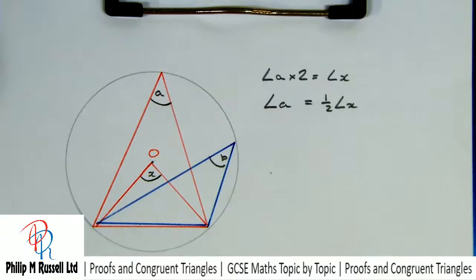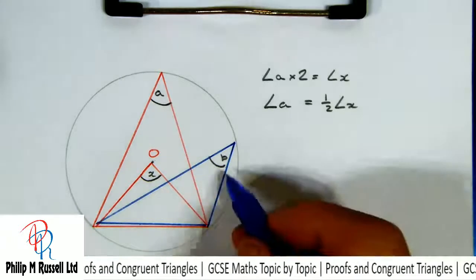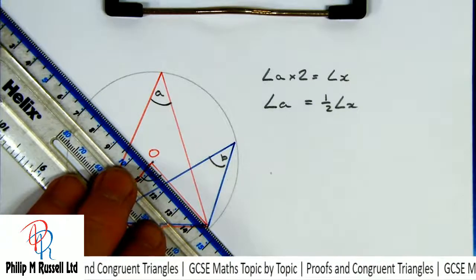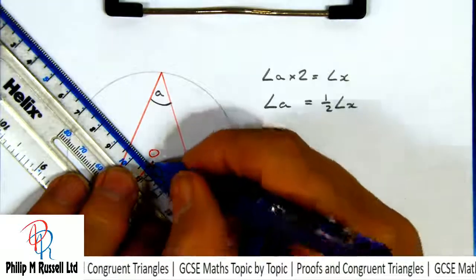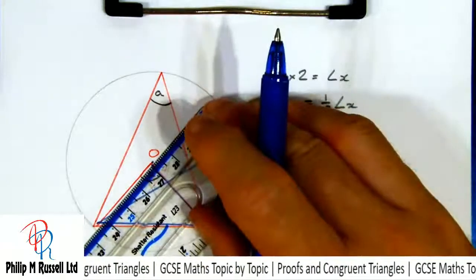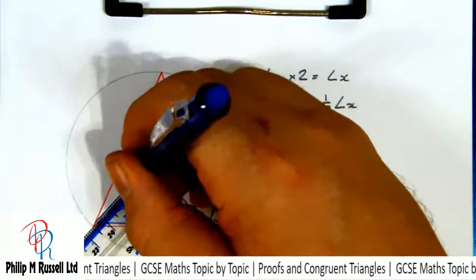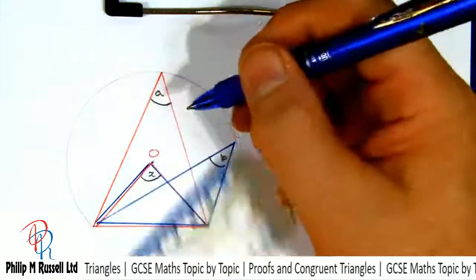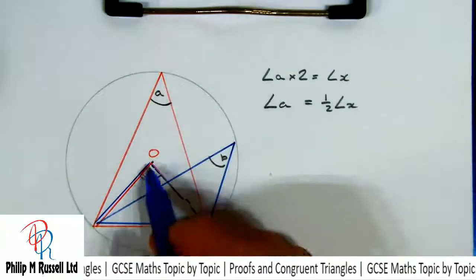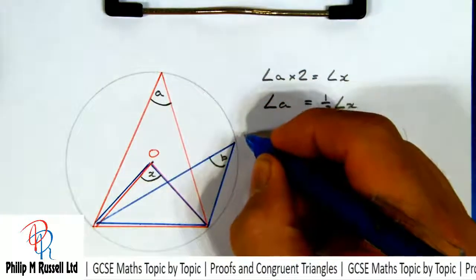Let's look at another triangle, and this time I'm going to take this blue one, and I'm also going to draw in here the same lines. This triangle is the same as that one, apart from the fact this is moved round here.